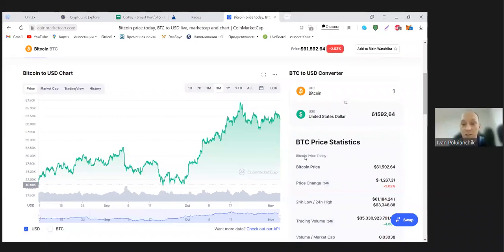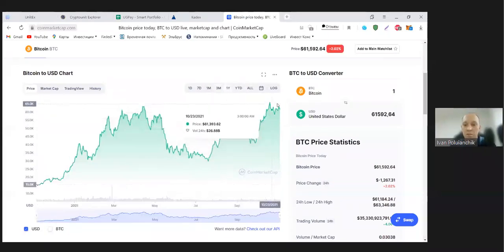And I am getting ready to be one of the first holders of the Global UNTB card. So globally, there will be an increase in the price of Bitcoin, and locally, you should be very careful.